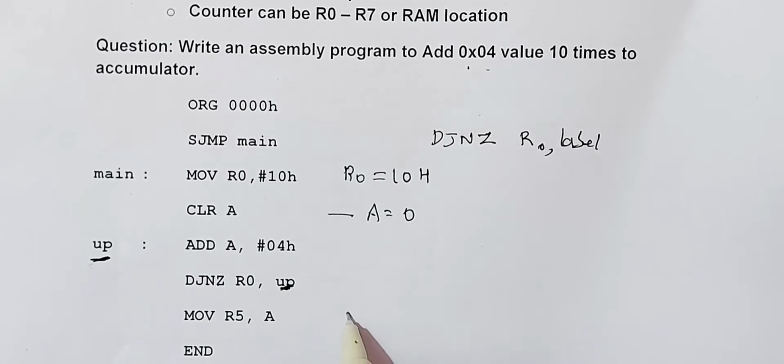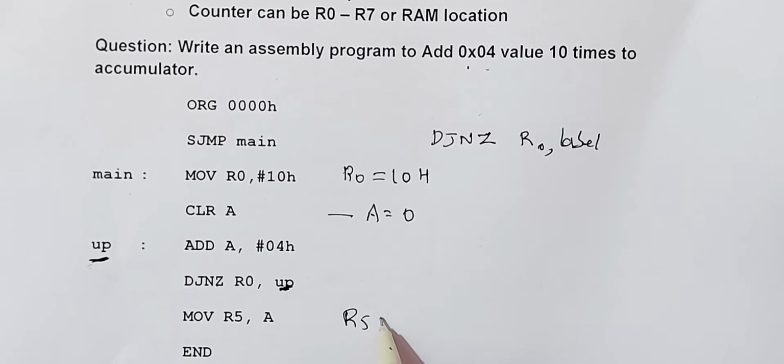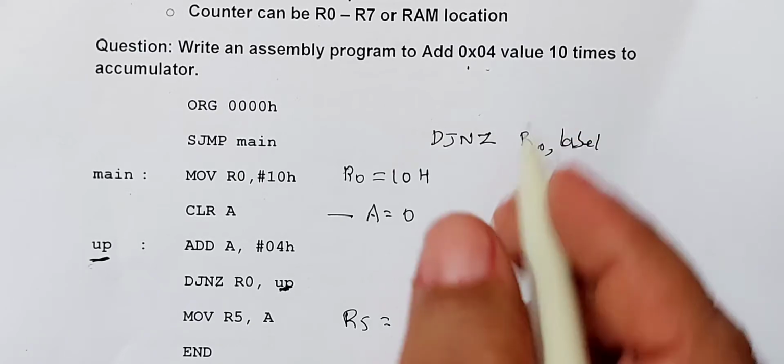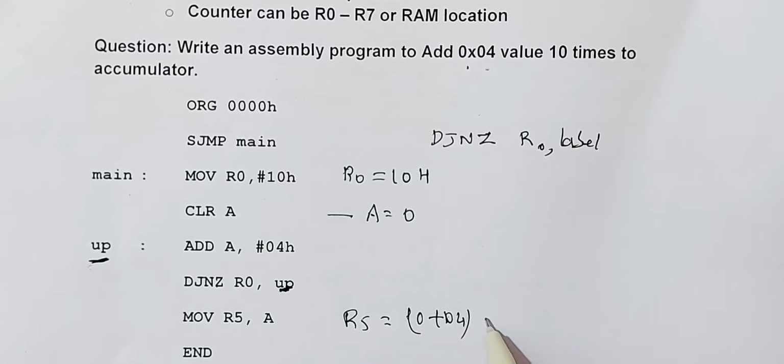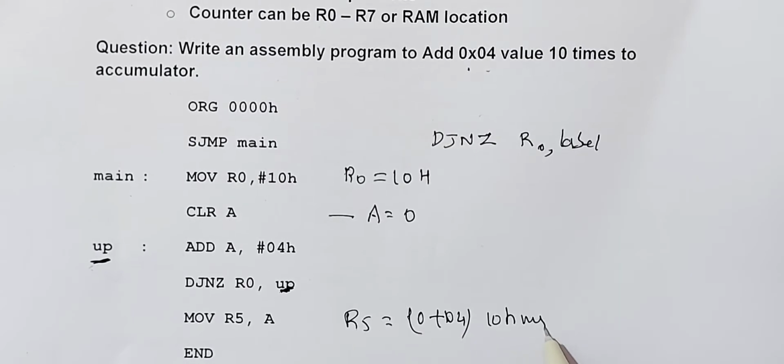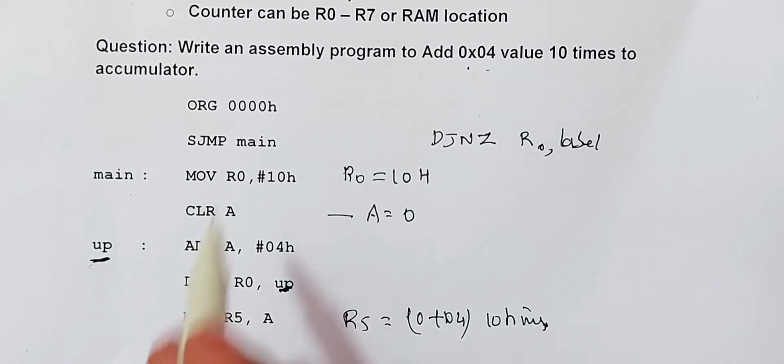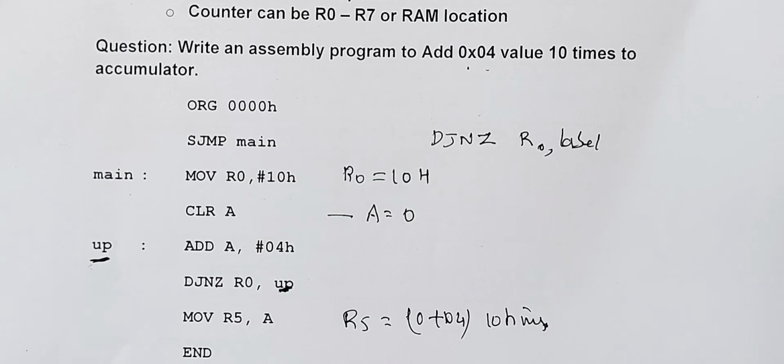So here R5 is equal to the addition of 0 plus 4, how many times? 10 times. So this is a simple example of adding a number of times using a loop instruction.